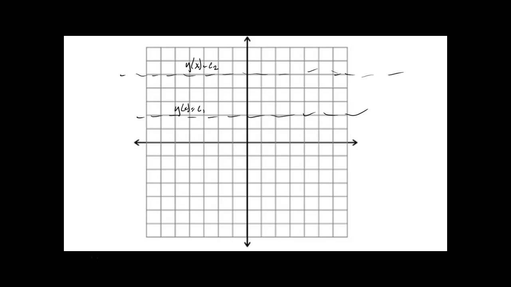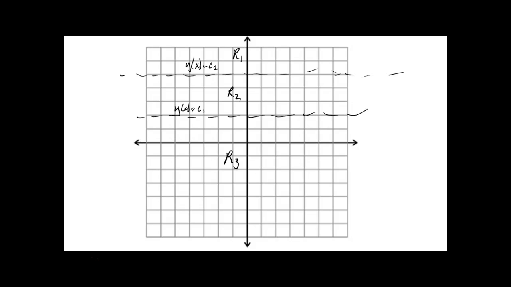For the sake of discussion, let's suppose that there are two critical points, C1 and C2, C1 being less than C2. The graphs of the equilibrium solution, y is equal to C1 and y is equal to C2, are horizontal lines. And these lines partition the region into three subregions. Here is R1 up here, R2 down here, and R3 down here.